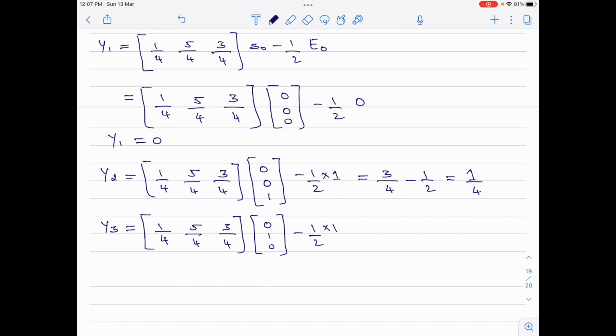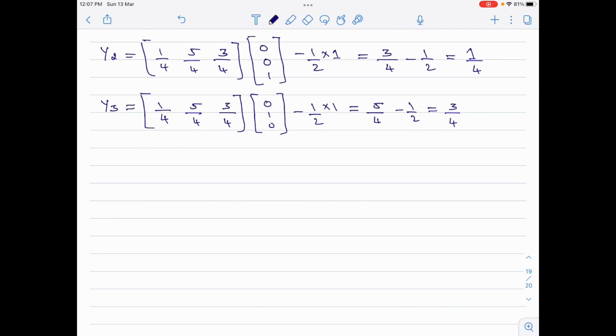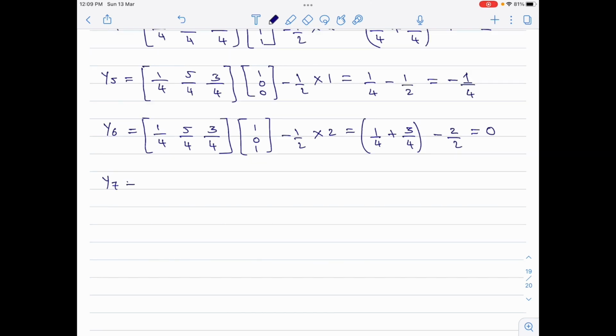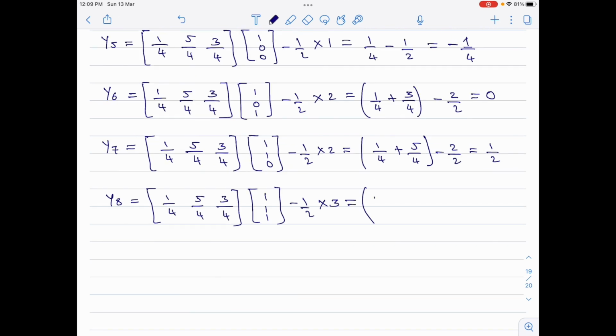So, this will reduce to 5 by 4 minus 1 by 2 equals 3 divided by 4. In a very similar fashion, let me compute the rest of the elements. Right. So that is the computation of yk for k varying from 1 to 8.